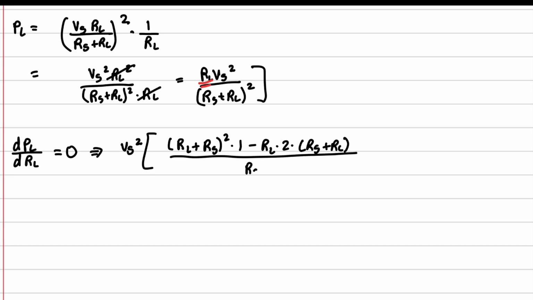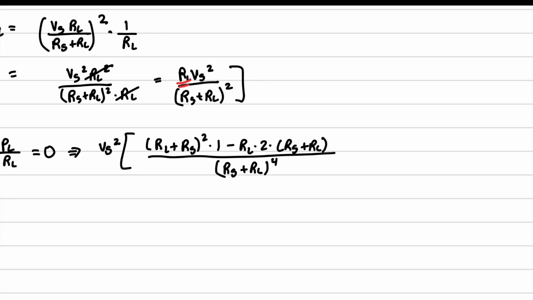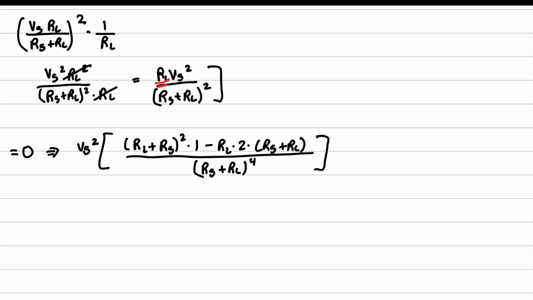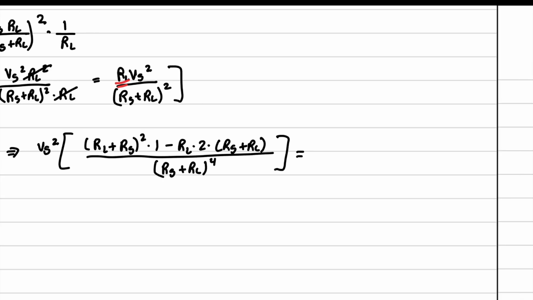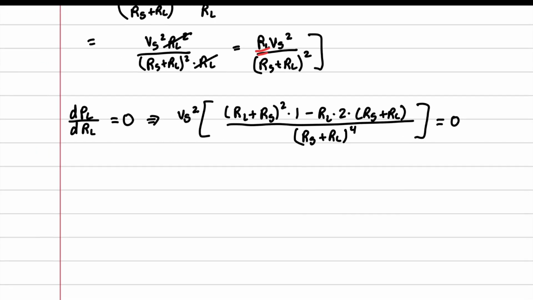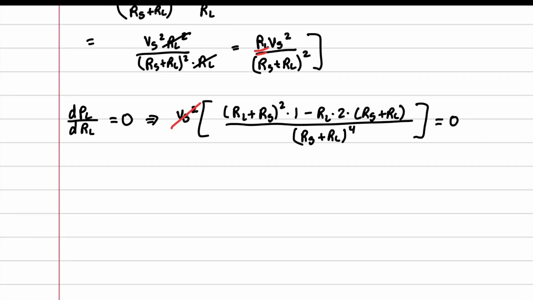Right, RS plus RL squared, which is to the 4th. And then close our parentheses right here. All of this equals 0. Now, immediately we can just straight up remove these guys because they're being multiplied by 0.